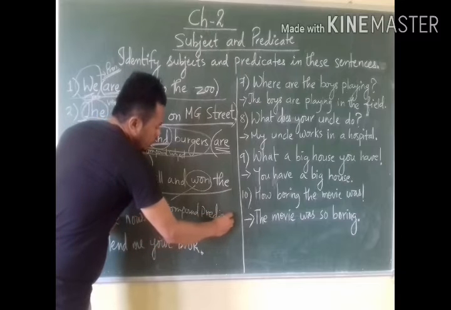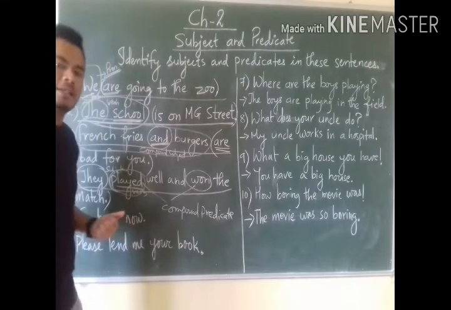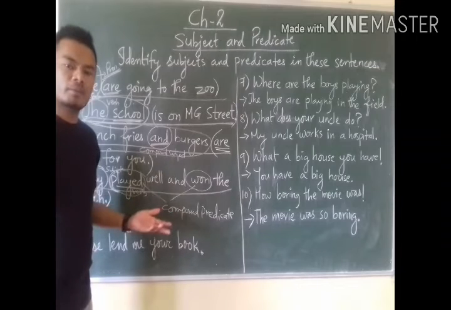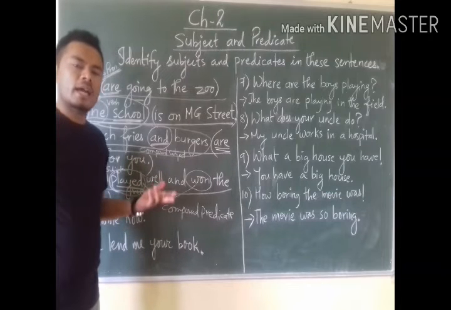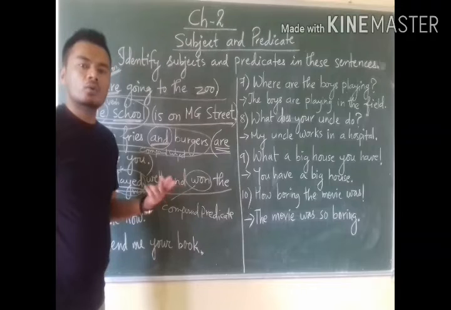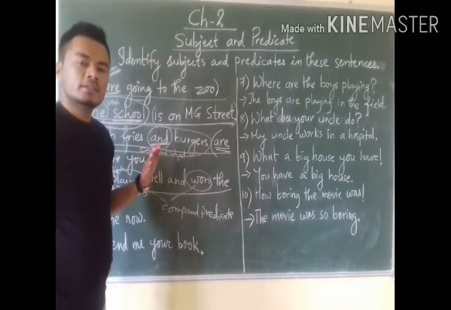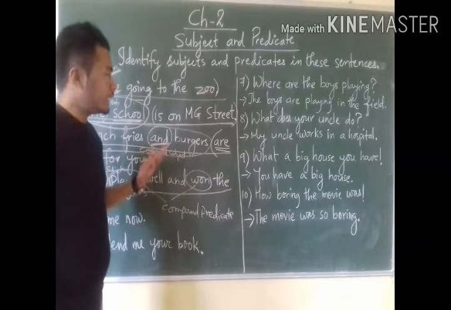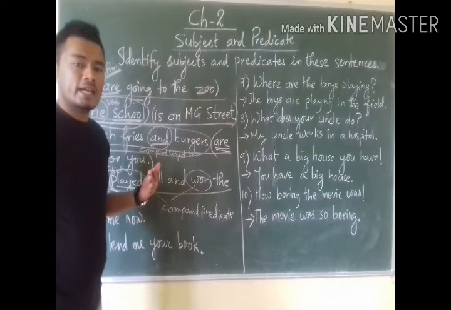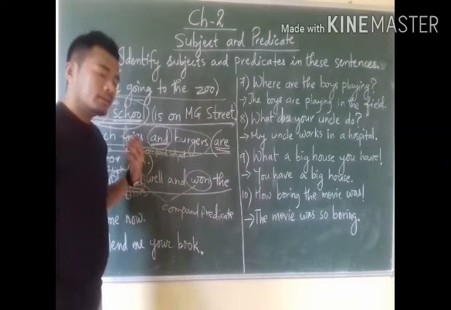Okay, I have told you yesterday about the kinds of subject and predicate, compound predicate and compound subject. Compound subject is when we have more than one noun, two or more than two nouns used as the subject joined by a conjunction, then that subject can be called a compound subject.